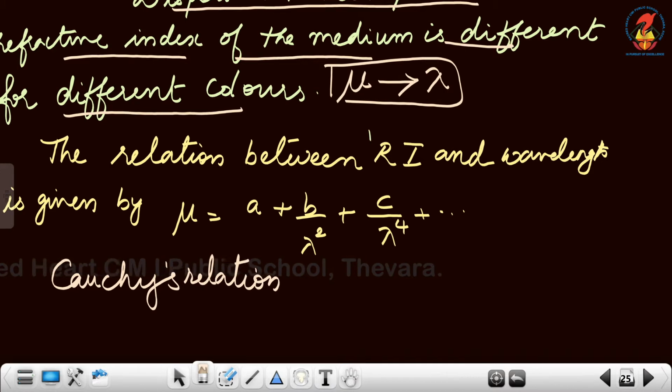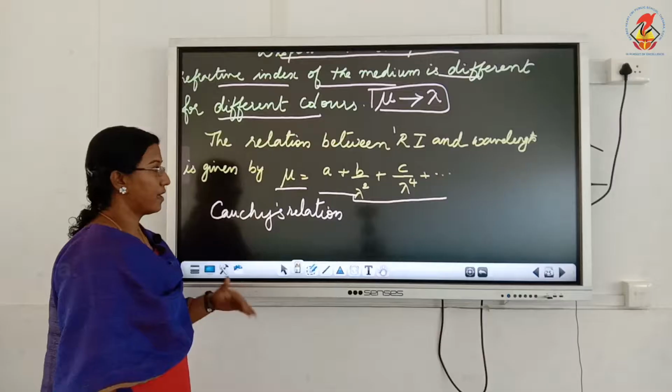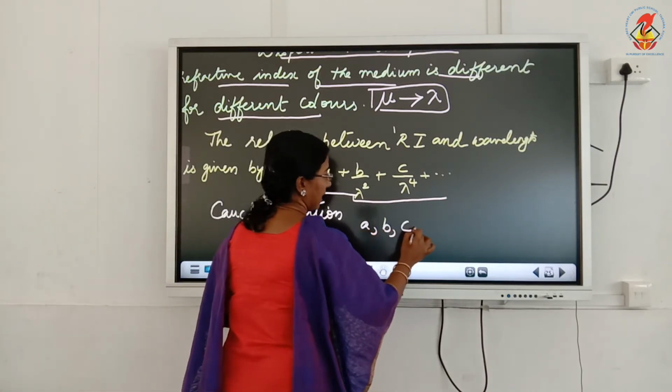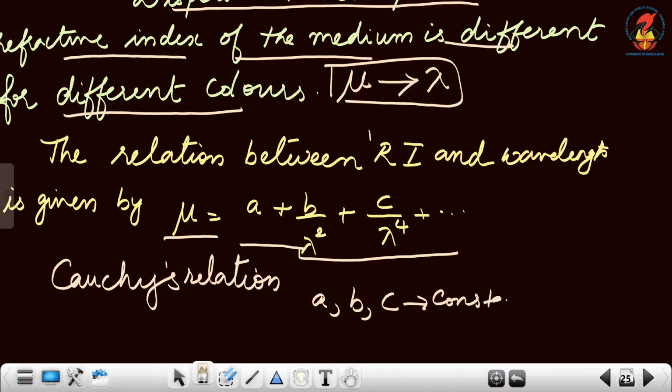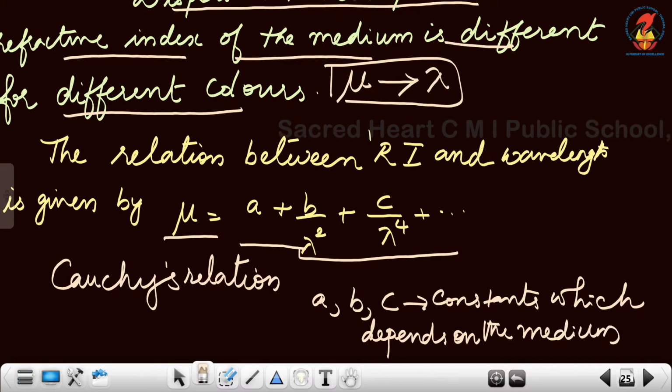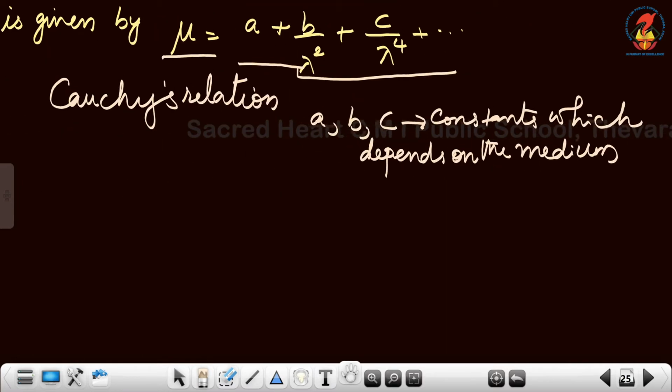And it is given as mu is equal to A plus B divided by lambda square plus C divided by lambda raised to 4, where A, B, C are constants which depend on the medium, and lambda is the wavelength.